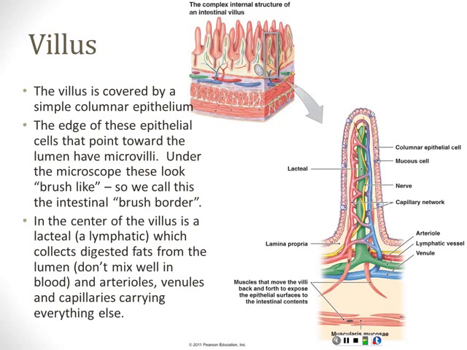So lacteal must have something to do with milk, and it does. When we eat a meal that has fat in it, the fat that's absorbed is too big to enter the bloodstream. So instead, it enters the lacteal system. The lacteals all combine and eventually join the thoracic duct that then goes up the thorax and into the subclavian.